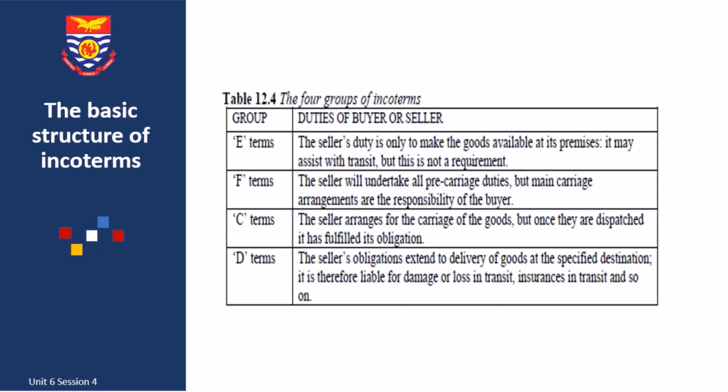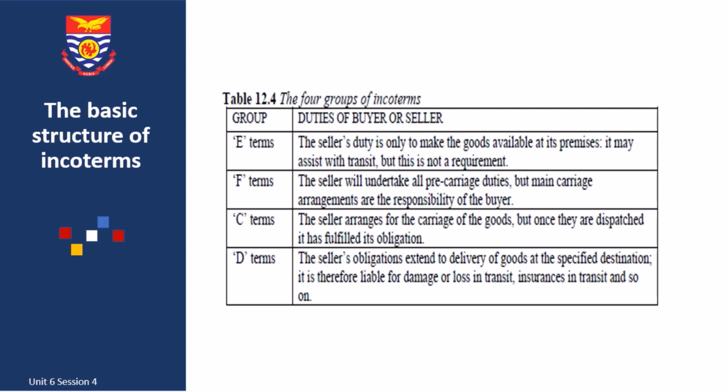So I can say the supplier's premises is the supplier's warehouse. I am making the goods available at my warehouse, and that is done. However, how you get the goods from my warehouse to your production unit is probably not my business. The supplier can assist, but it is not a requirement when the E terms are adopted.